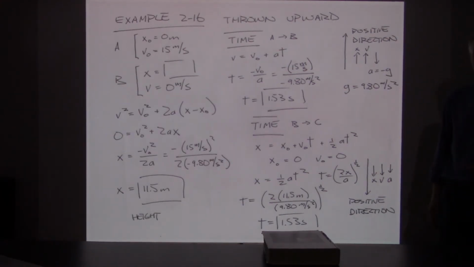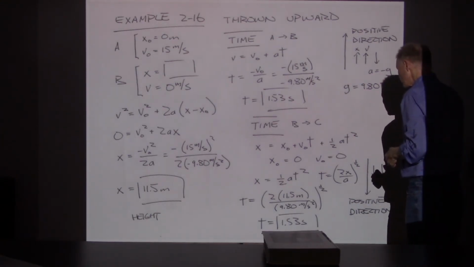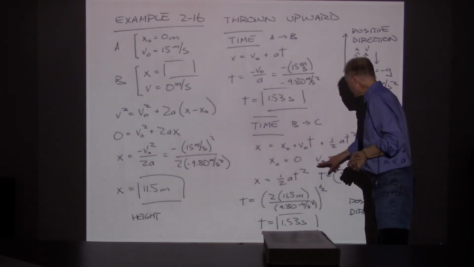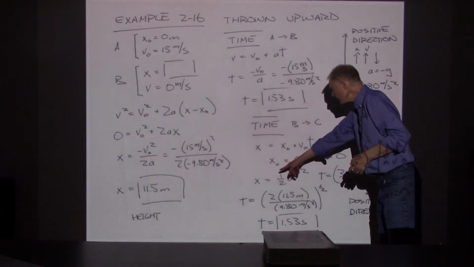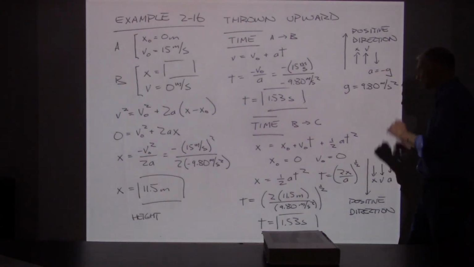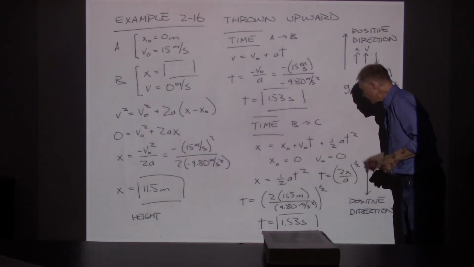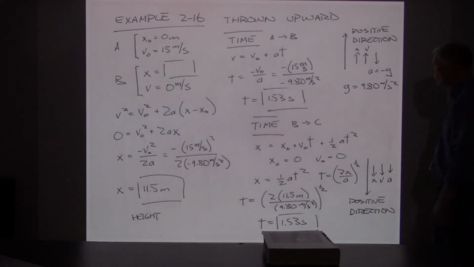And again, you're going to find when you do these problems, there are different ways to work through them and get them to work. Okay, so let's see what happened here. For this new coordinate system, x naught is 0, v naught is 0, and I can solve the remaining equation for time, doing the algebra first. Now that I've got my time figured out, I can start putting numbers in, and it worked out to be 1.53.